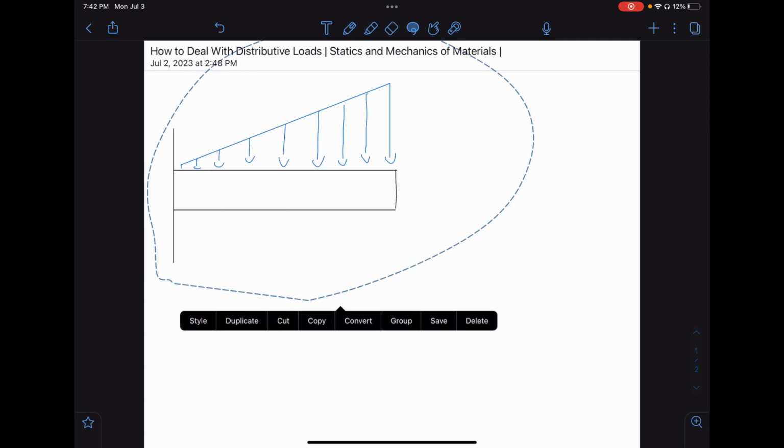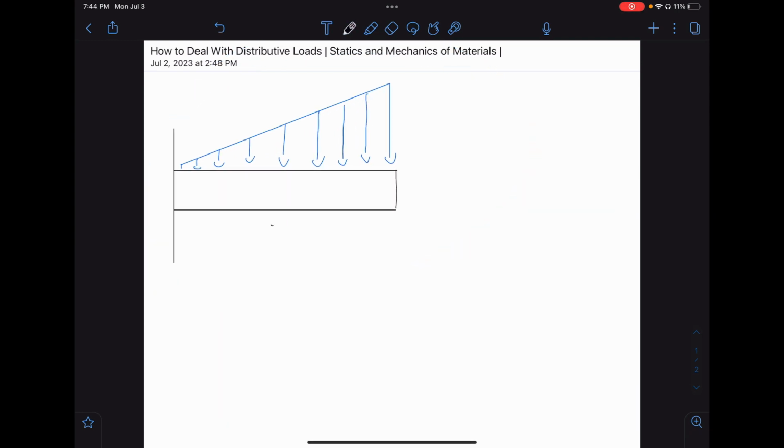So what if our distributive loading was a triangle? We are going to do the same process, but our area is going to be different, and the way we find the midpoint of this triangle is actually different. So we're given that W of x is on average 5 kilonewtons per meter. So to find our force resultant, we need the area of W of x. So our distributive loading has a height of 5 kilonewtons per meter, and the area of a triangle is 1/2 the base, right?